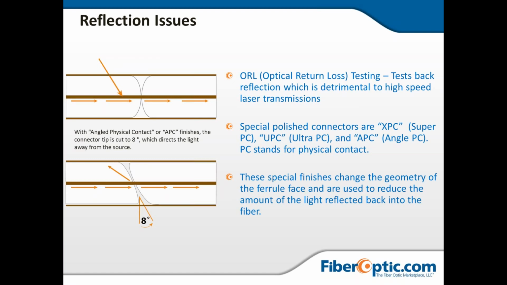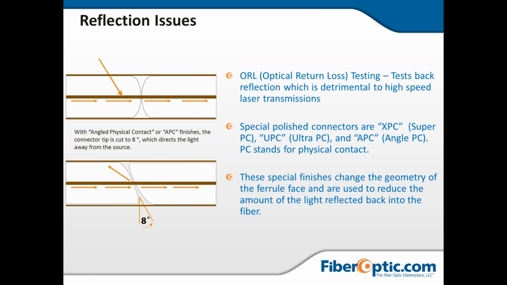Now we're going to get into reflection issues, and this is kind of showing you here what we're looking at as far as the angled physical contact. We always just say APC, connector cut to an 8-degree angle which directs the light away from the source. So you can see how the angles are different here.